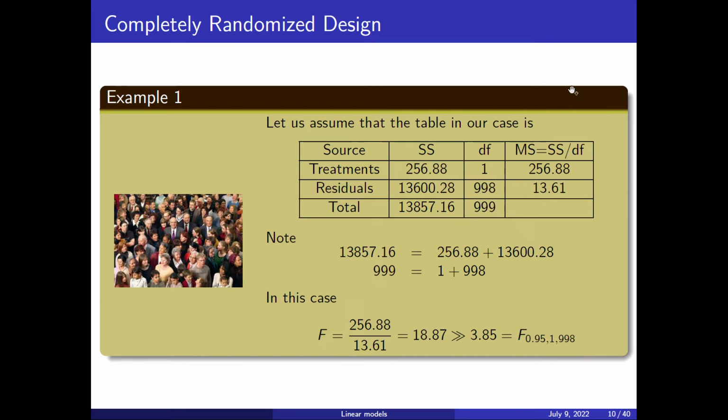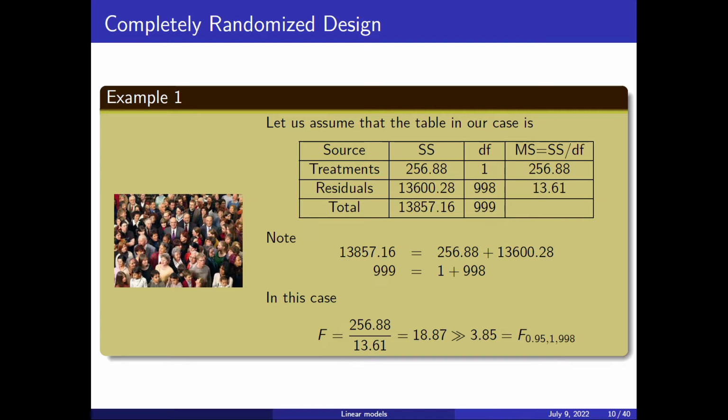So the fair comparison, 256 compared to 13, gives a ratio of about 19, and this is larger than a threshold. You may remember from the first session that we put the threshold either on the p-value or on the Z score. Here we are putting the threshold on the F score. This one is much larger than the threshold, so we reject the null hypothesis.